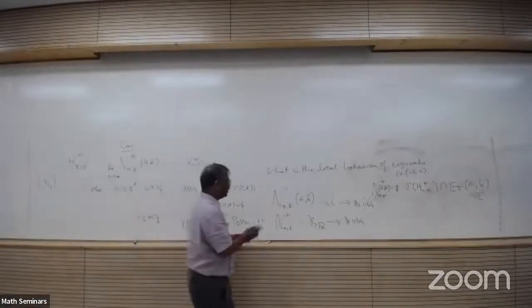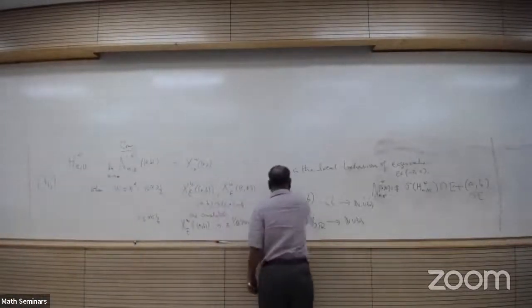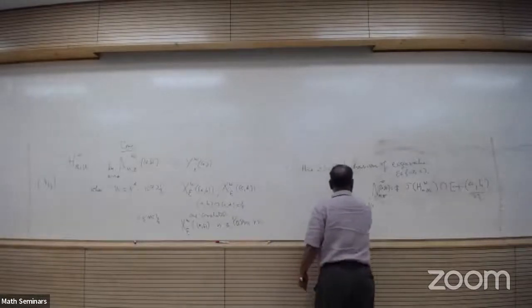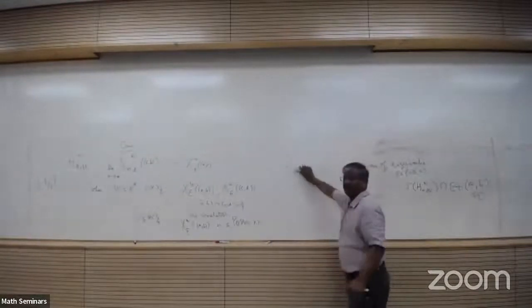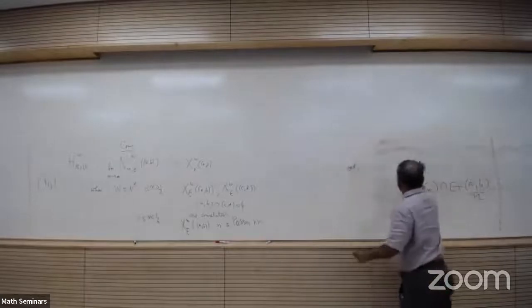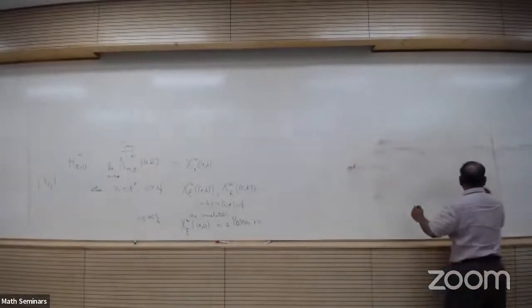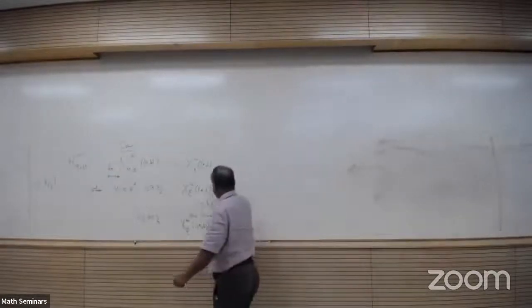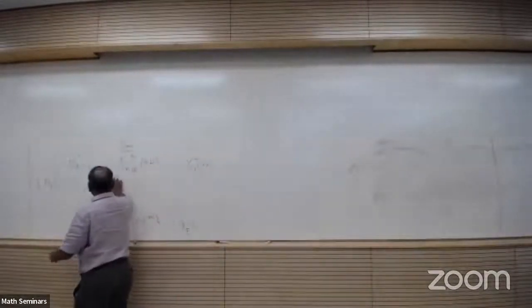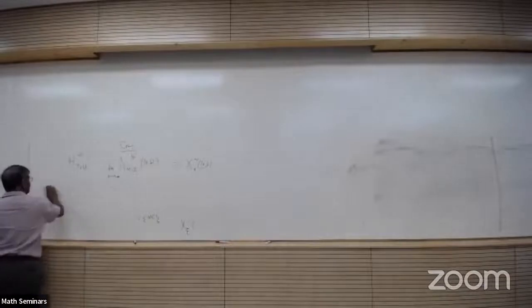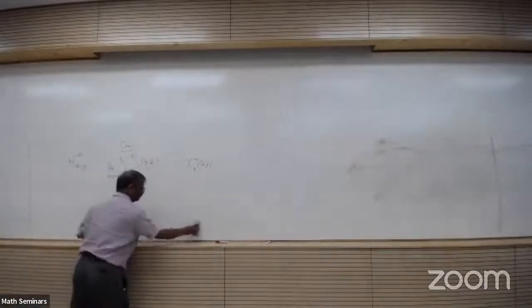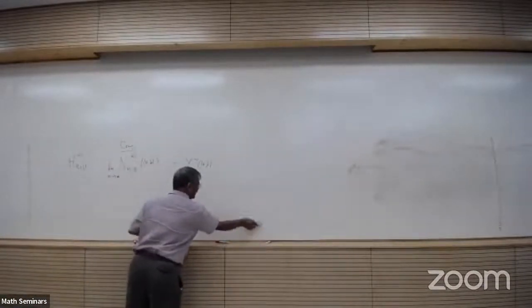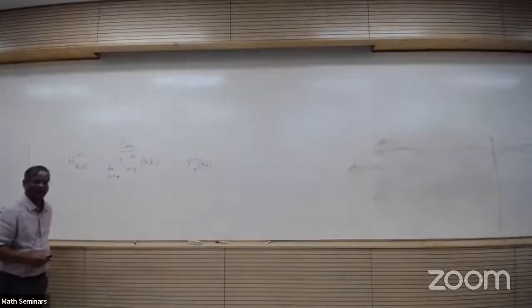So let me tell you what we showed. So our theorem is the following. It's a kind of convoluted theorem because it's not easy to show.